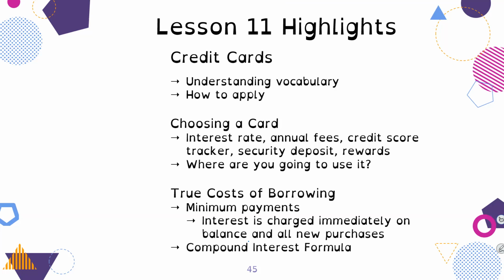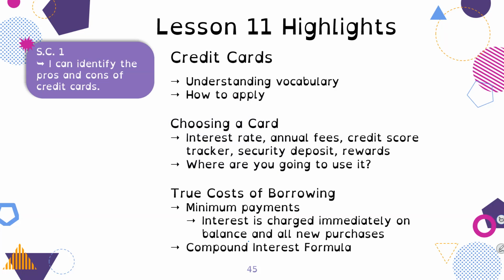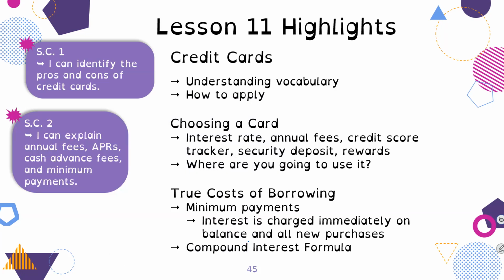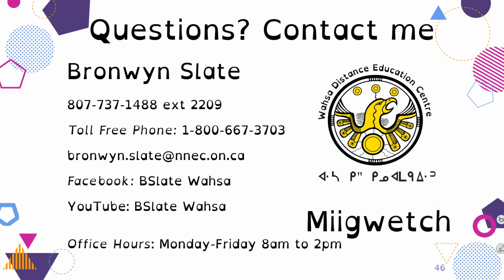And you use the compound interest formula to calculate all the interest that you are going to need to pay. So hopefully you can identify the pros and cons of credit cards, and that you can explain the annual fees, the APRs, the cash advance fees, and minimum payments. And you can calculate the cost of carrying a balance, which is super important to realize. All right, and that's what we covered today.